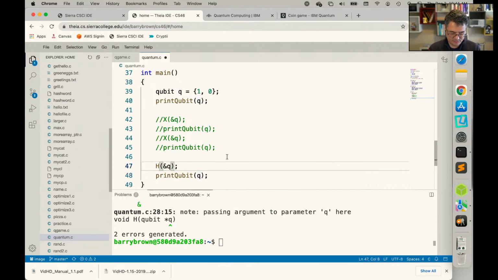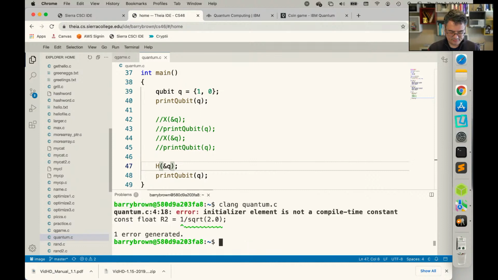Let's pass in a pointer to Q. Oh, and I need to link in the math library.